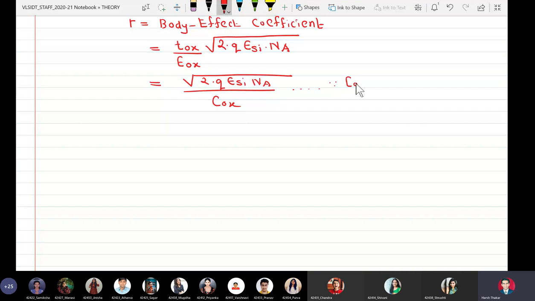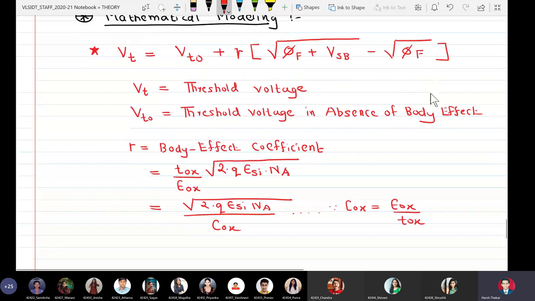Since C ox is equal to epsilon ox upon T ox.